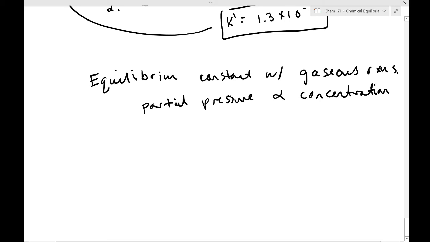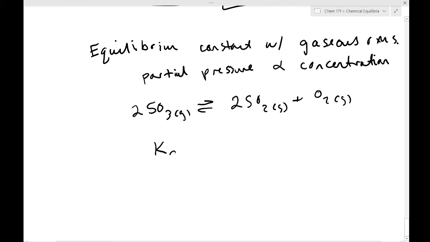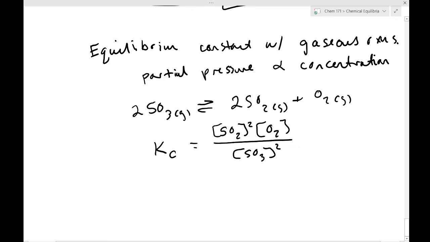Since it's proportional to the concentration, for example, if we have some reaction where SO3 is decomposing into SO2 and oxygen gas, the equilibrium constant that we would form based on the concentration, I'm just going to call that Kc, would be equal to the products, SO2 squared times O2, divided by SO3 squared. So this is the Kc, or the equilibrium constant based on the concentration.